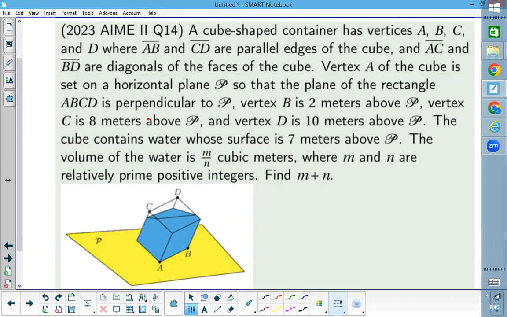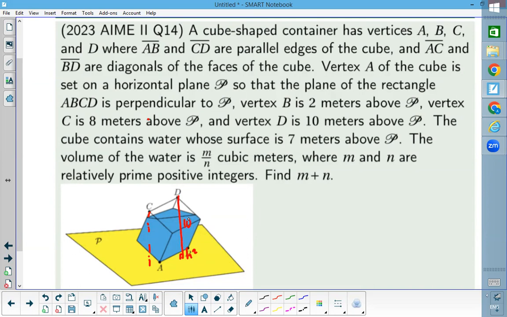We also know that vertex B is 2 meters above the point P. Point C is 8 meters above, point B is 2 meters above, and point D is 10 meters above.